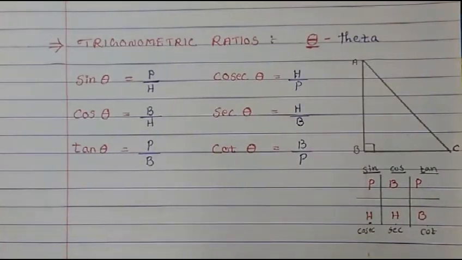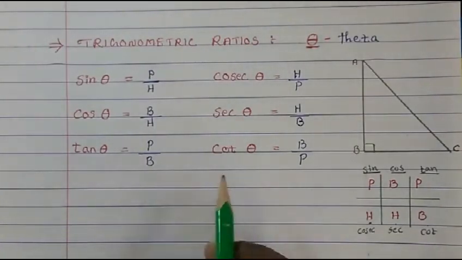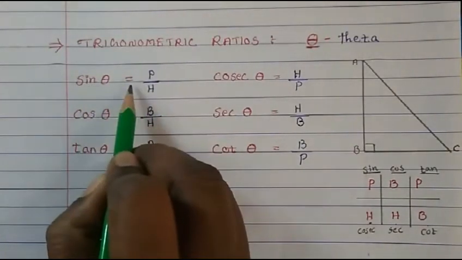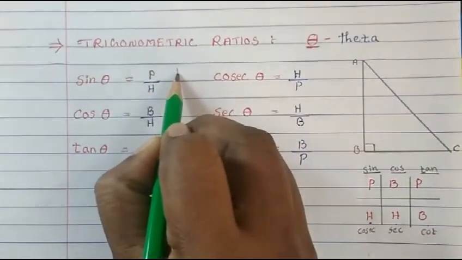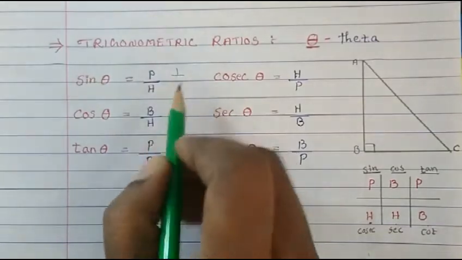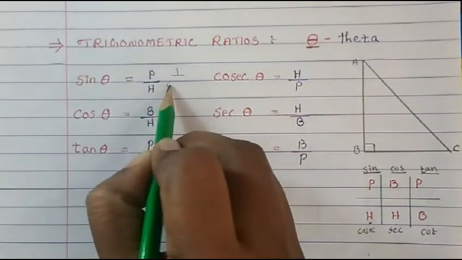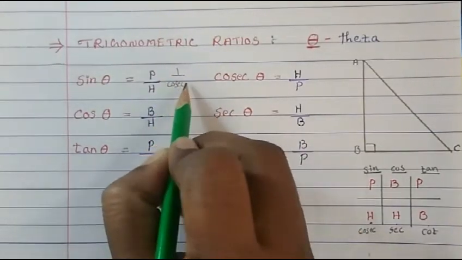Now the next thing you have to remember is the inverse. Sine theta can be written as 1 upon cosec theta.